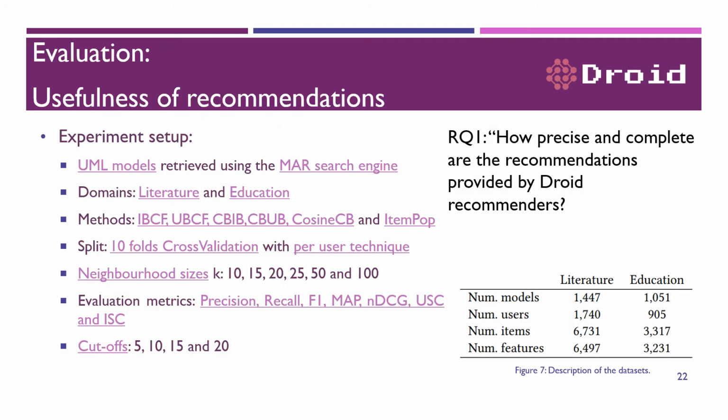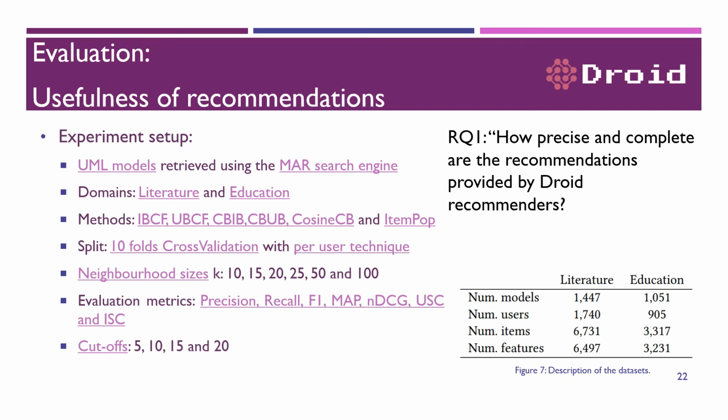We performed two evaluations. In the first one, we would like to answer the question, how precise and complete are the recommendations provided by Droid recommenders? To answer this question, we did an offline evaluation with the following experimental setup. We collected UML models retrieved using the MAR search engine, with the distribution shown in Figure 7, from the domains of literature and education.